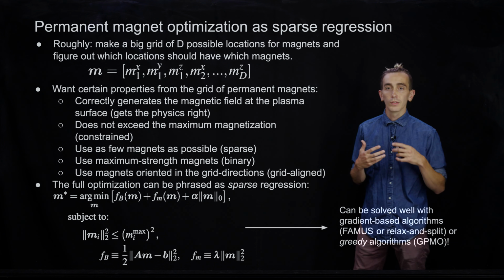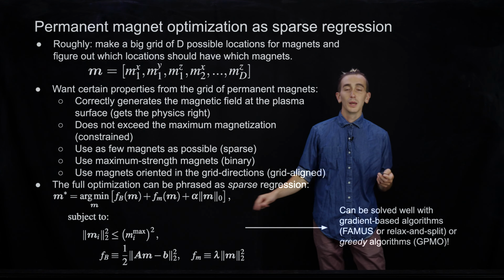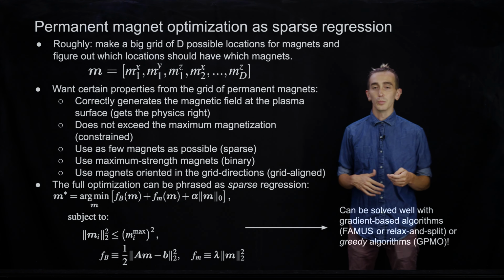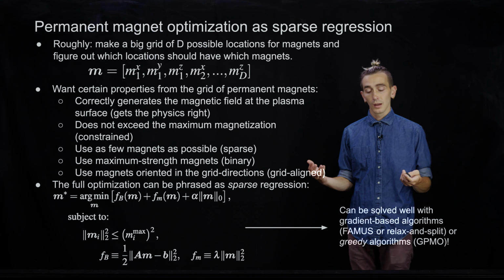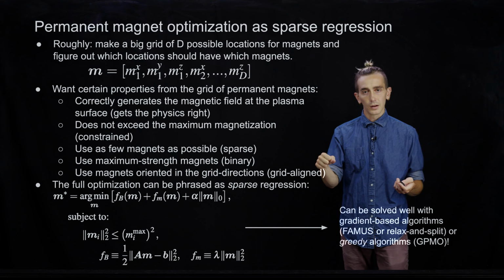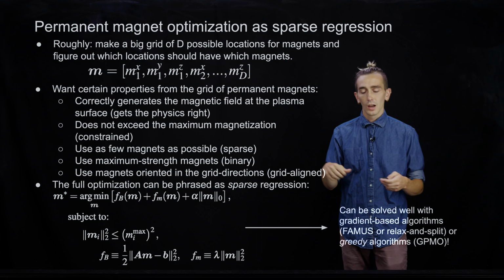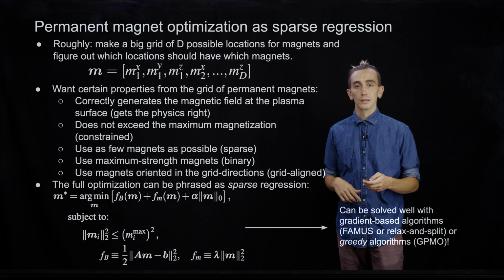And then we also solve this with a greedy algorithm called GPMO. This is basically solving this problem in a clever and cheap way, where you start out with no magnets on your surface, and at each iteration you place the best binary grid-aligned magnet that most contributes to correcting your physics.